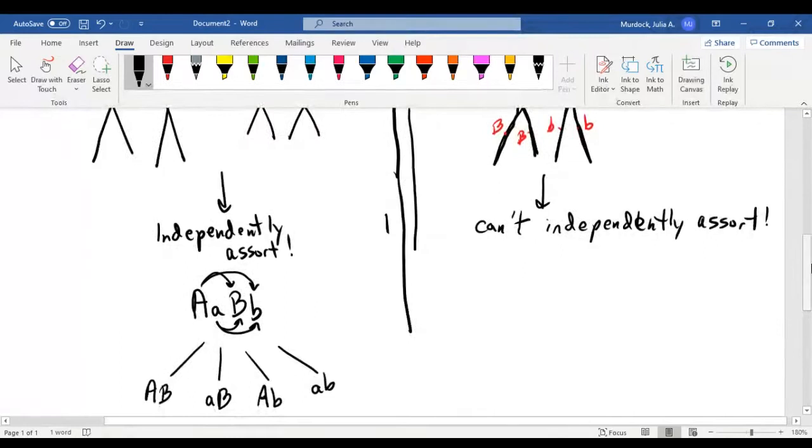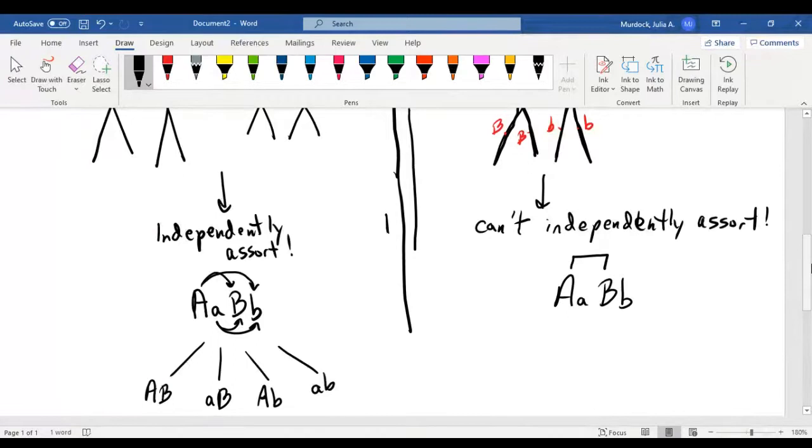Right. So what does that look like? It looks like this. The big A is stuck with the big B, and the little a is stuck with the little b.